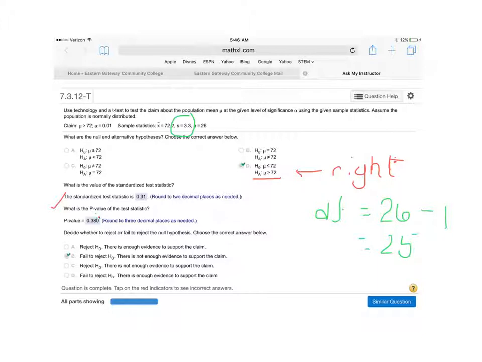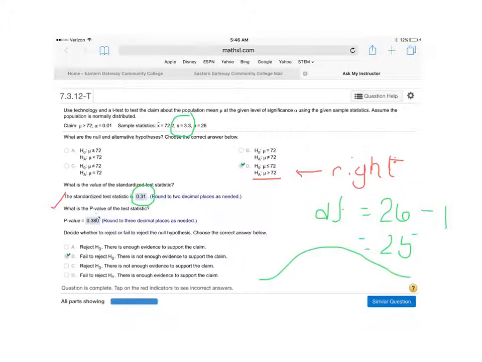So we go to the column with 0.01 in the one tail and down to 25 degrees of freedom, and we can get a critical value of 2.485. What that tells us is that if our test statistic is out beyond that in the t distribution, then we would reject the null. Well, let's picture this.